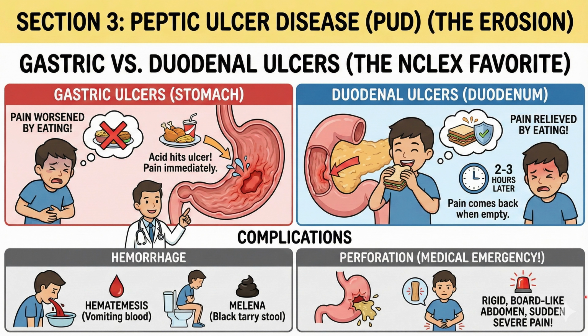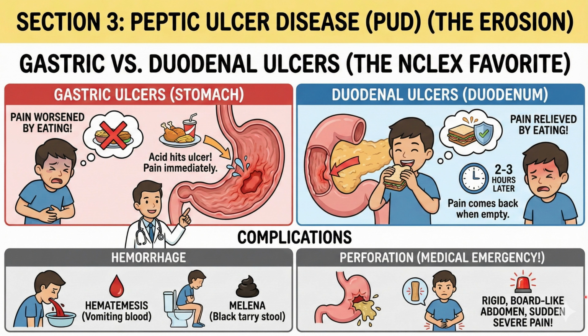Complications: hemorrhage, look for hematemesis, vomiting blood, or melena, black tarry stool. Perforation: this is a medical emergency. The ulcer burns a hole through the stomach wall.